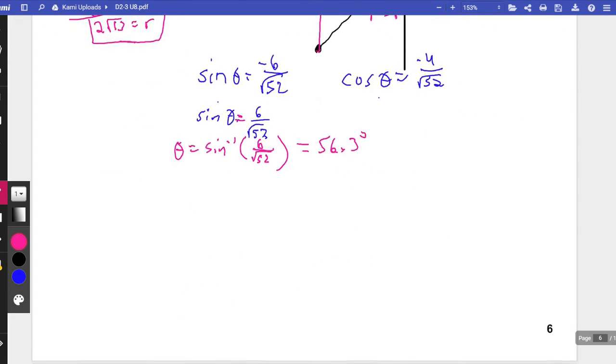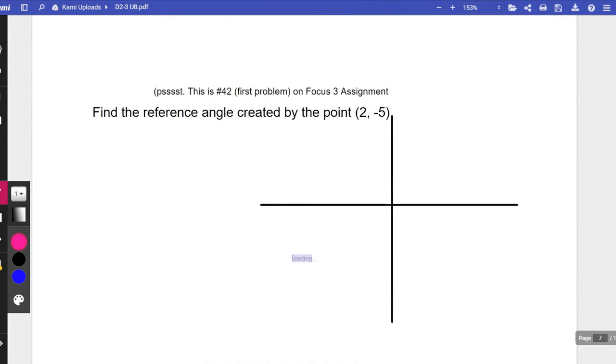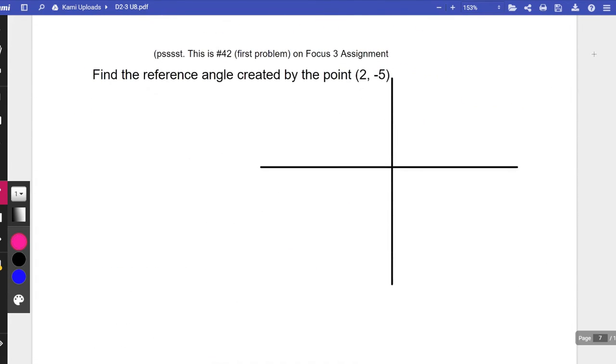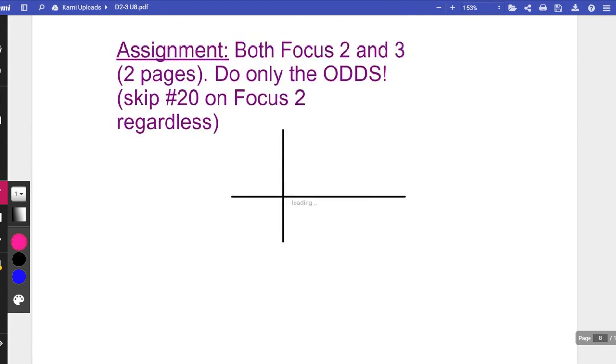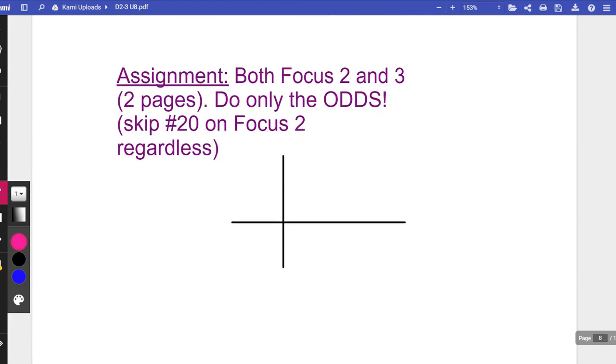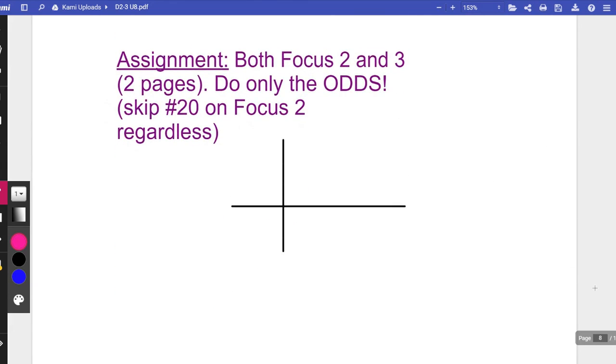Okay, there's one last example. And this is the first problem of the Focus 3 assignment. You'll notice on the next page here, do only the odds. Skip number 20 on Focus 2. That one, don't even worry about it. It says do only the odds because we're going to be skipping this even one anyway.